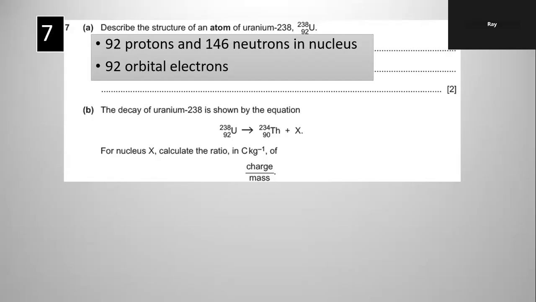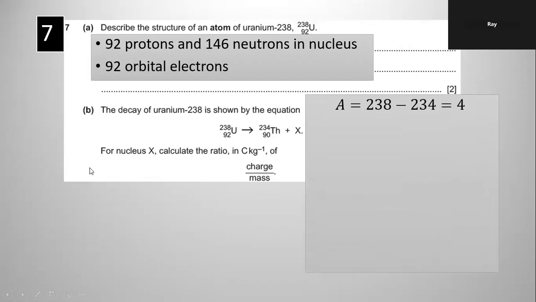For nucleus X, calculate the ratio of charge to mass in coulomb per kilogram. So you have to calculate what X is. A for X is 238 minus 4, 234. The particle is 4, and Z is 92 minus 90, so it's 2. So charge is 2 electron charges.